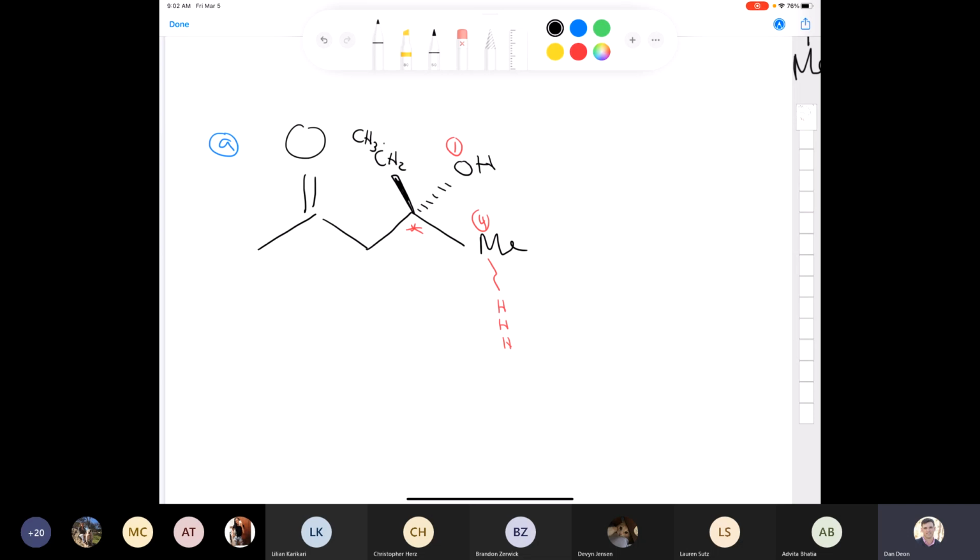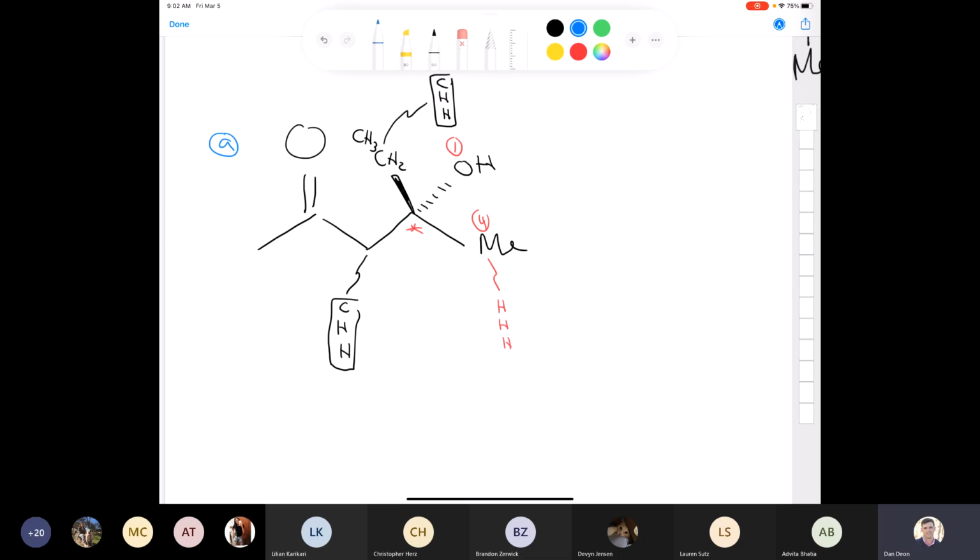Now, if you need to draw that out, no problem. So this carbon is attached to carbon, hydrogen, hydrogen. And this carbon here is also attached to carbon, hydrogen, hydrogen. So there's no tiebreaker between these two carbons. So we have to keep going.